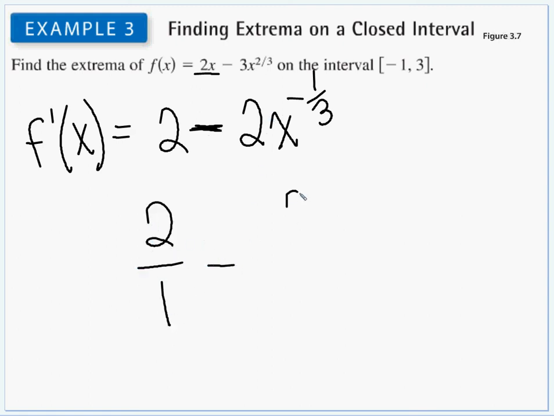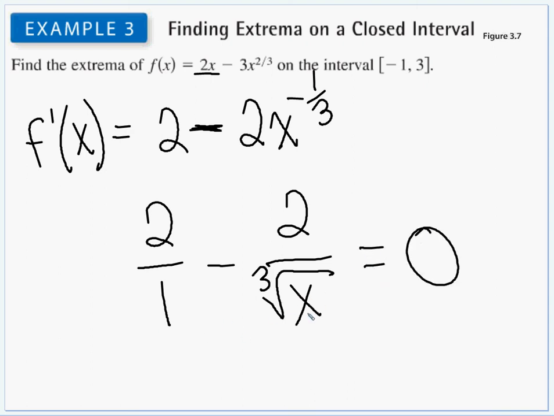Our common denominator is the 3rd root of x, so we're going to multiply this side by the 3rd root of x. That means our numerator also gets multiplied by a 3rd root of x.